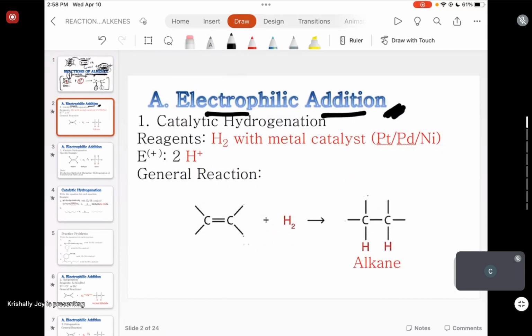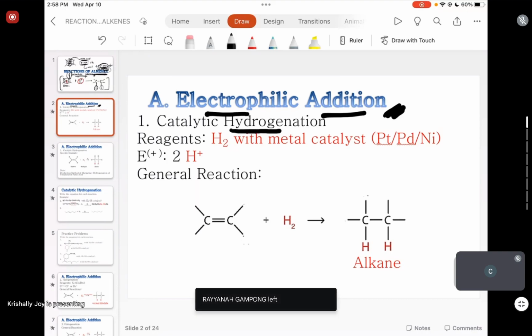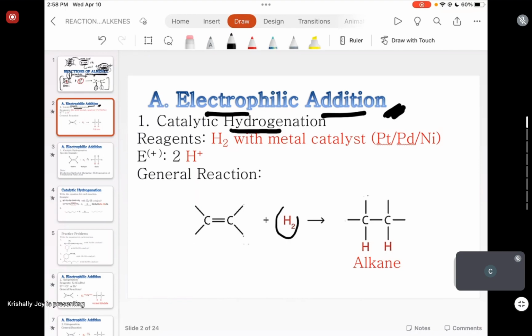So let's start with the first type of electrophilic addition. We call it catalytic hydrogenation. If you understand the term hydrogenation, it tells us what specific electrophile is being added: hydrogen gas. Tama? Kaya ang sabi sa pangalan, hydrogenation.